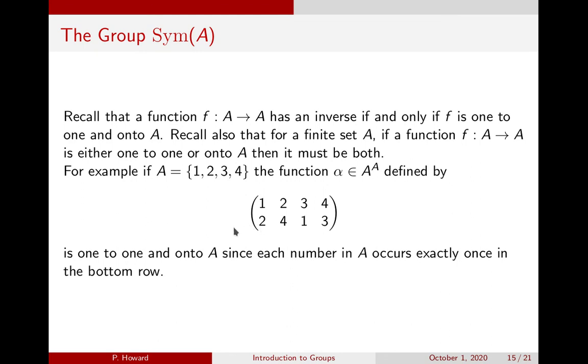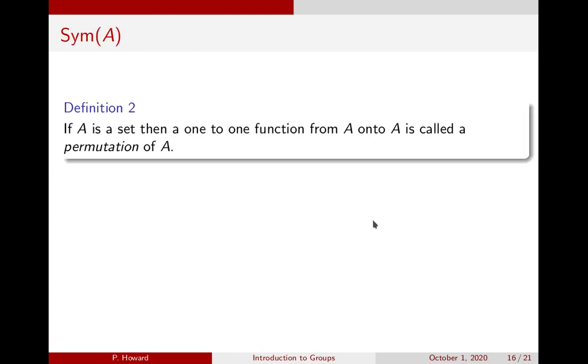So this is the function that sends 1 to 2, 2 to 4, 3 to 1, and 4 to 3. This is one-to-one and onto because each number in the set capital A appears exactly once in the bottom row. Right? The fact that every number appears at least once in the bottom row tells us that the function is onto. The fact that no number appears more than once tells us that it's one-to-one. Okay, a couple of definitions here.